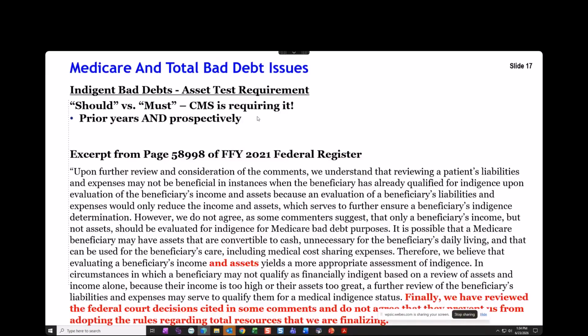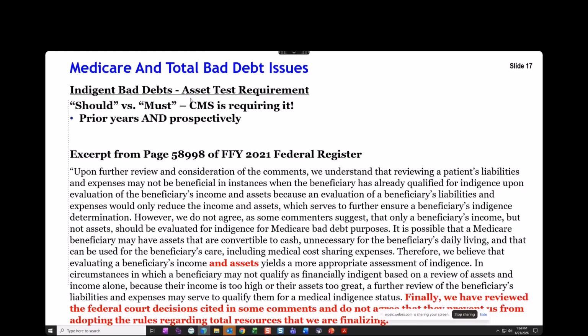So we're still in Medicare and total bad debts. This is one that has several issues, even more than what we're going to cover today. But one of the other things that pops up still to this day, even after the 2021 Federal Register, is that if it's an indigent bad debt, and now we're talking Medicare bad debt on E Part A, E Part B, if you've written it off due to indigence, then there must be documentation to show that the asset test and the income test were reviewed, or there was an asset test and income test as part of the indigence determination.